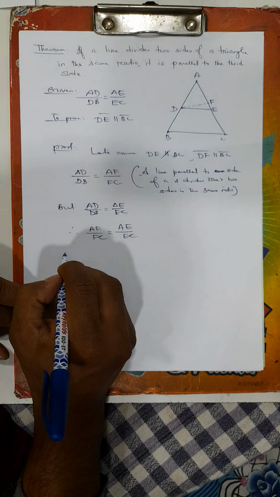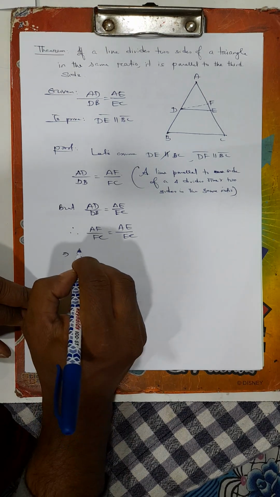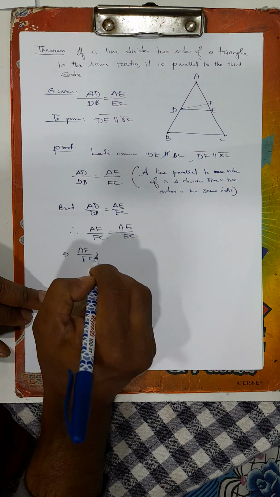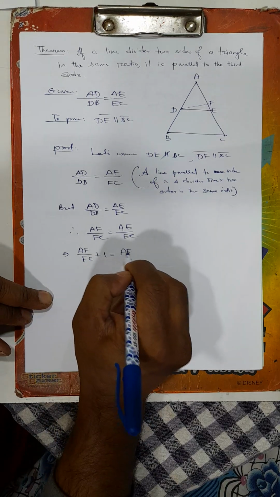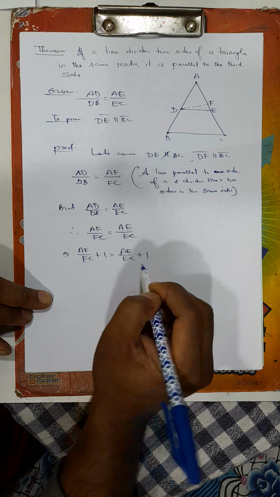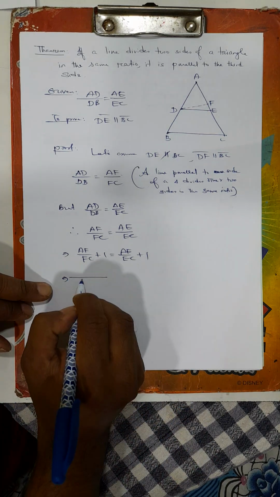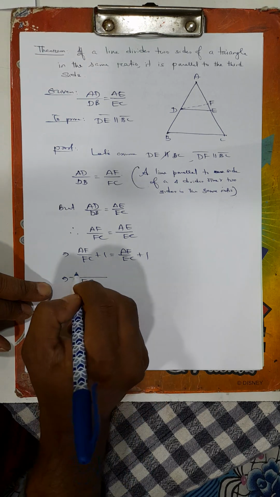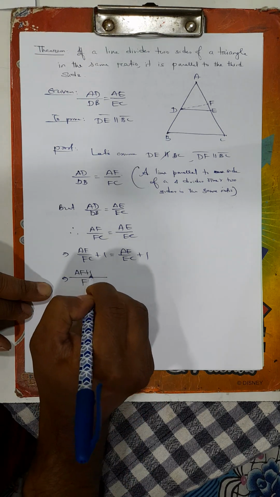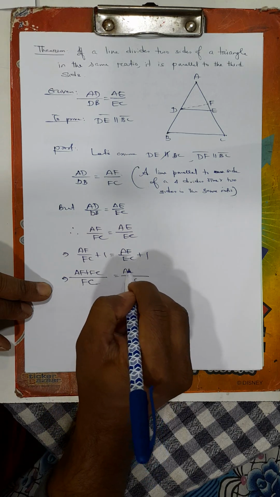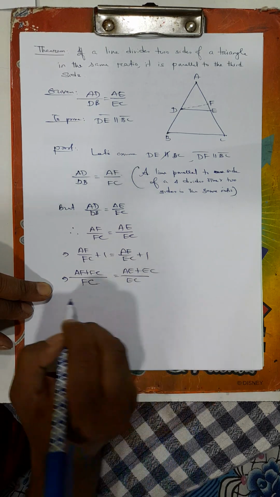Now let us add 1 both sides. AE by EC plus 1. Adding 1 both sides, you find denominator is FC, AF plus FC. Here denominator is EC, AE plus EC.